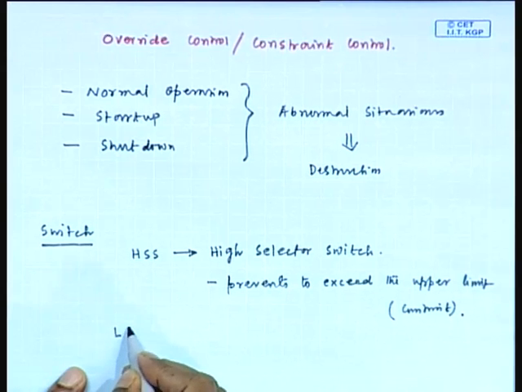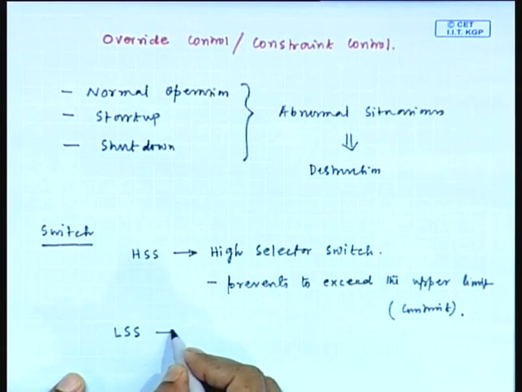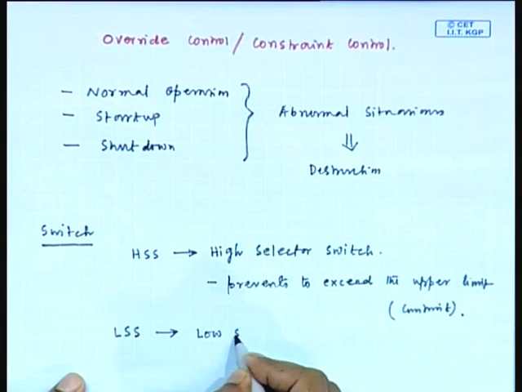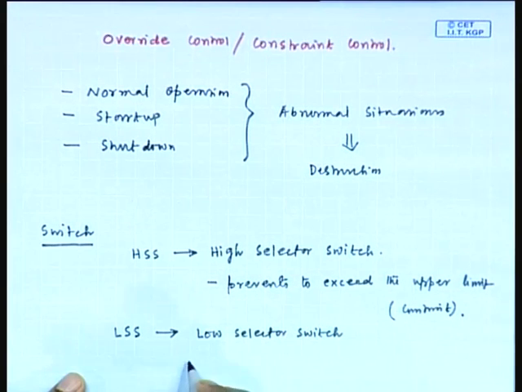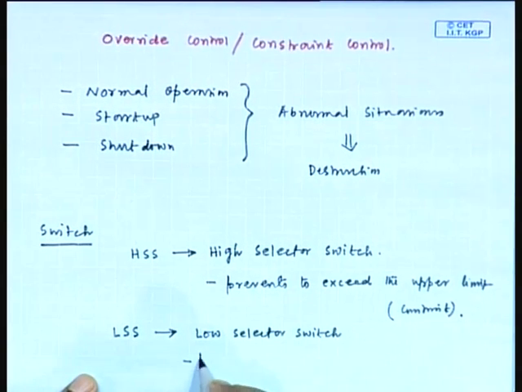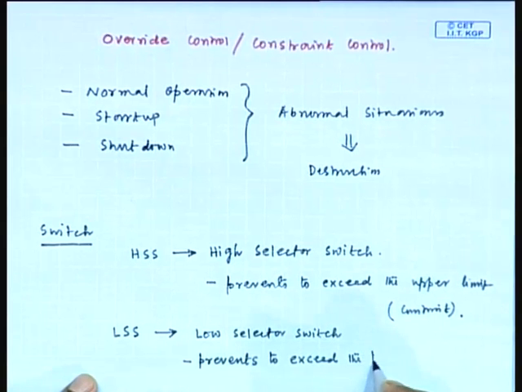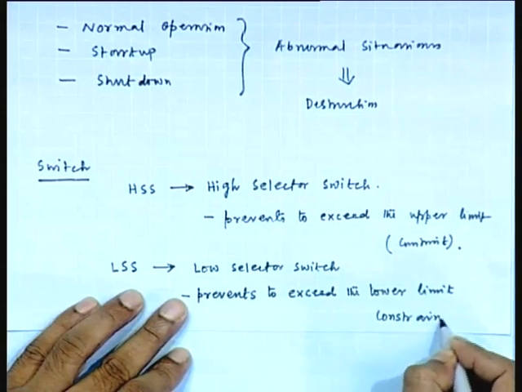Another switch is also used, that is LSS, low selector switch, and it prevents to exceed the lower limit, which is also a constraint.